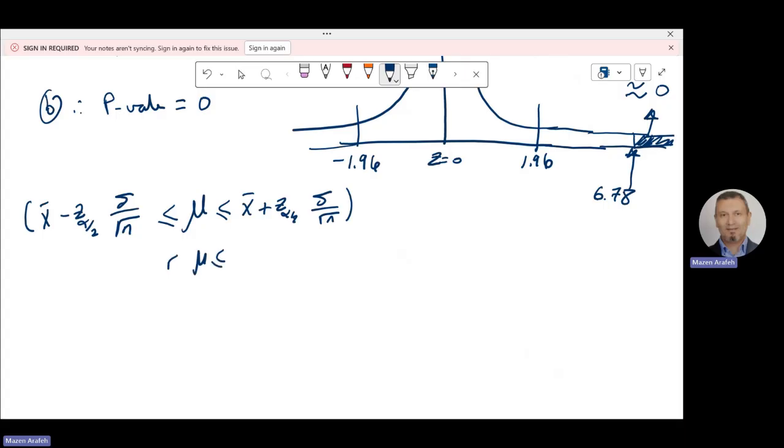So now x bar is 8.2535. Plus 1.96 times sigma, 0.002 divided by square root of 15, and from the other side it is 8.2535 minus 1.96 times 0.002 divided by square root of 15.